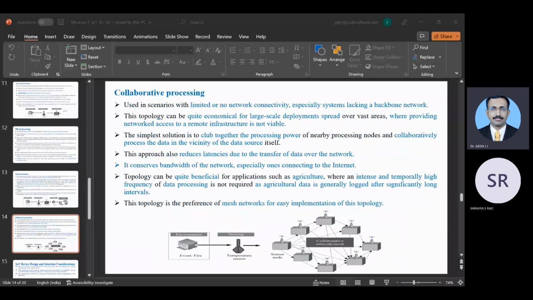And what is the next one? IoT device design and selection considerations. This is very important. For example, I told you to do a mini project.